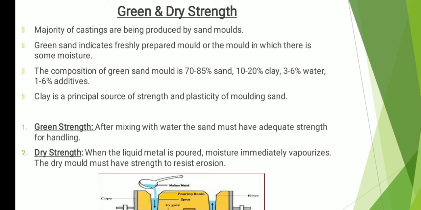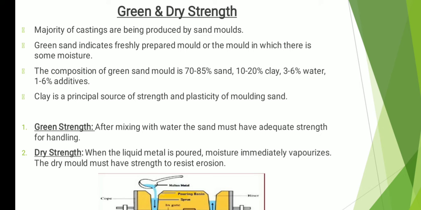Friends, you know that the majority of castings are produced using sand molds. Green sand indicates a freshly prepared mold, or a mold in which there is some moisture. Basically you add some water, or some moisture is present from before, and it becomes green sand.